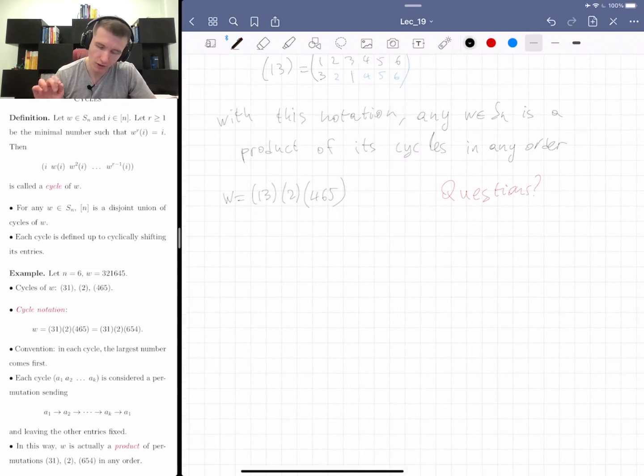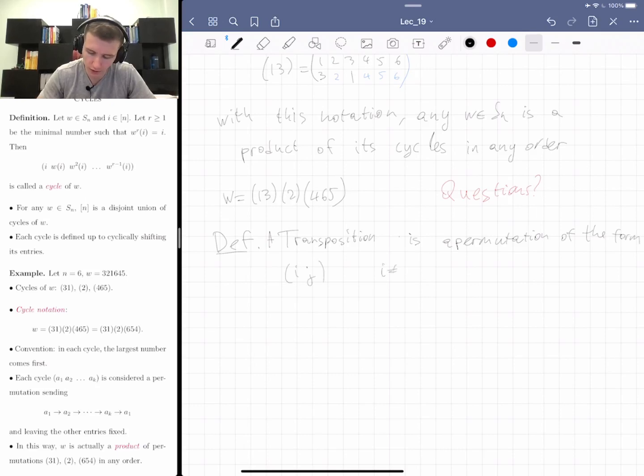A particular class of cycles that are going to be basic building blocks are transpositions. So a transposition is a permutation of the form (i, j) for i not equal to j.